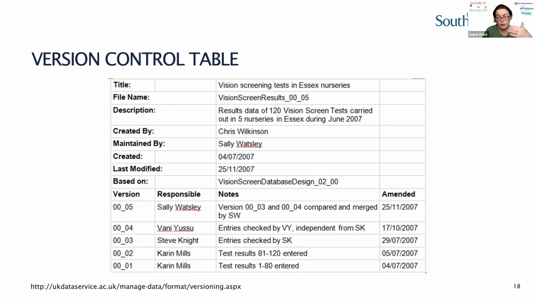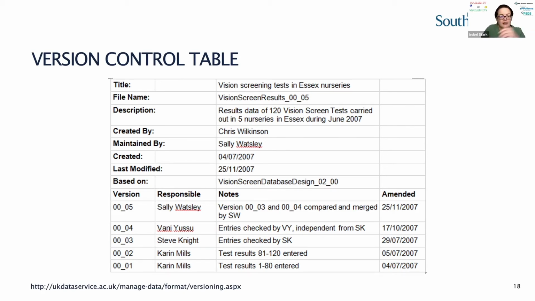Now, you could use track changes, but track changes is very good for seeing what has been changed when you're in the middle of a document, but it's not good for giving you an overview of what has been touched in this document beforehand.